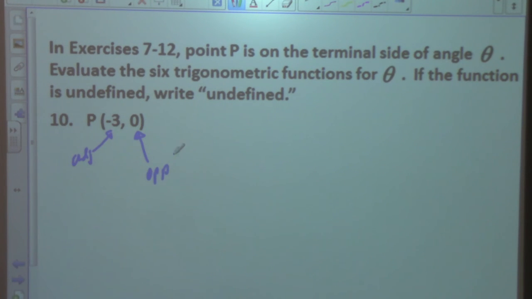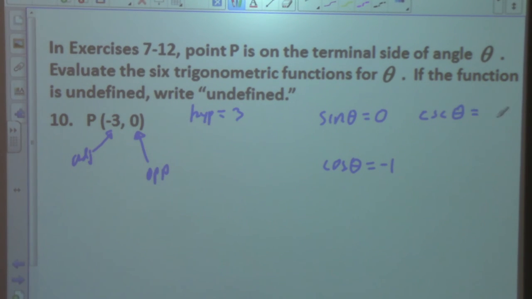Yeah, so that's a good observation. So hypotenuse is actually going to be 3. Okay, go ahead. Then what do we have here? Your sine is 0 over 3, which is going to equal 0. Okay. Your cosine is going to be -3 over 3, which is going to be -1. Okay.